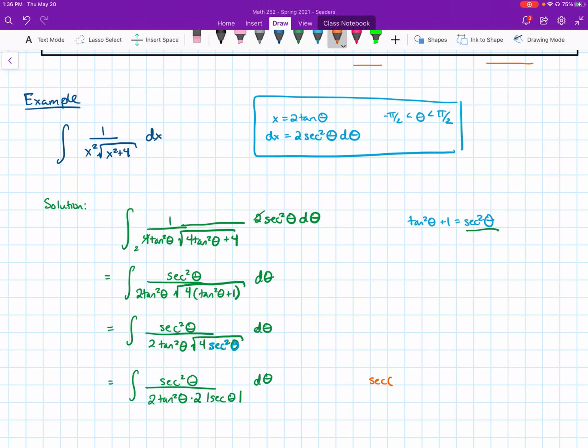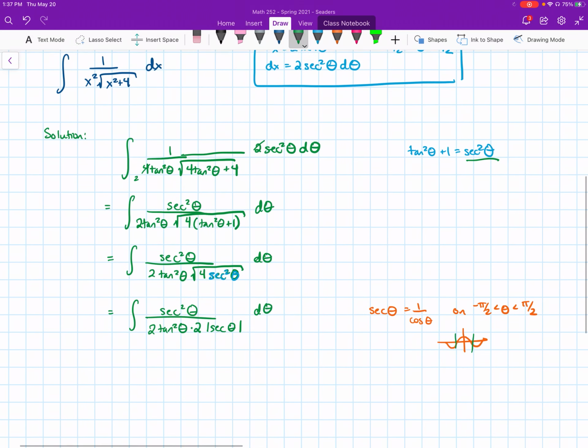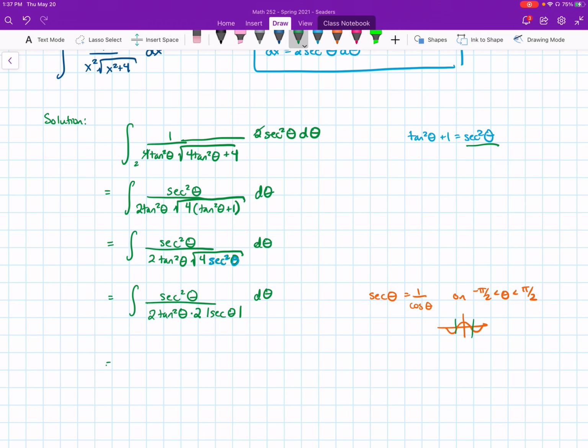So secant theta is the same as 1 over cosine theta, and I'm on negative pi over 2 to pi over 2. Well, cosine theta on negative pi over 2 to pi over 2 is positive, so we're good. So I can ignore those absolute values. I'm positive on this interval.